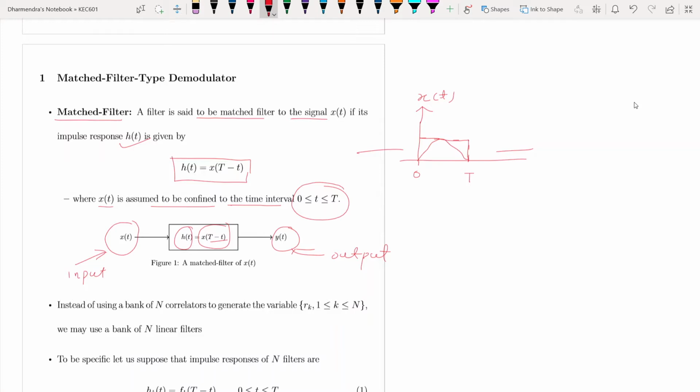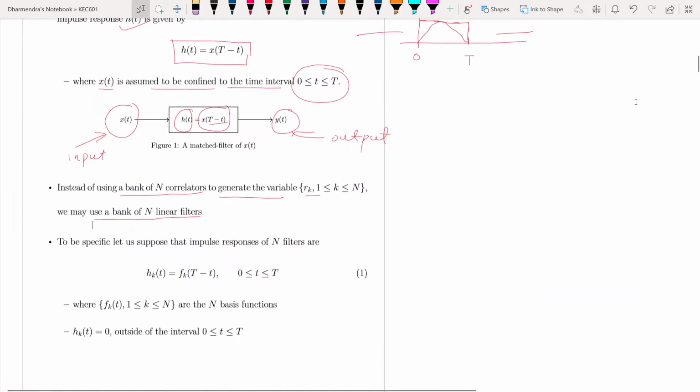So instead of using a bank of N correlators to generate the variables, the projections of r of t on the N basis functions, we may use a bank of N linear filters. To be specific, that filter's impulse response should be matched to the basis function, not r of t. Don't confuse that.